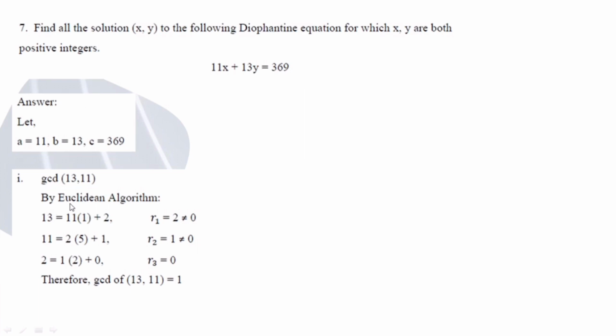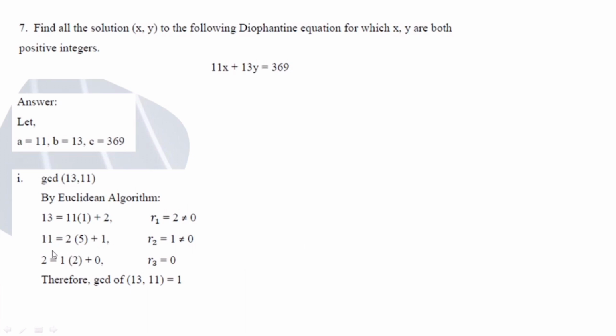By using the Euclidean algorithm, we can write 13 equals 11 times 1 plus 2. Then we can take this 11 and write it as 2 times 5 plus 1, which also gives a proper solution.